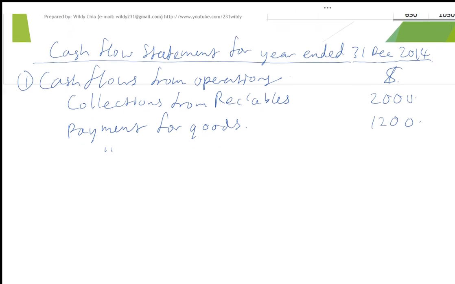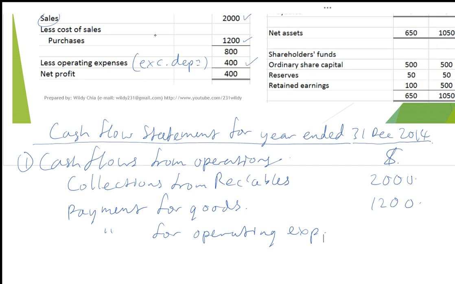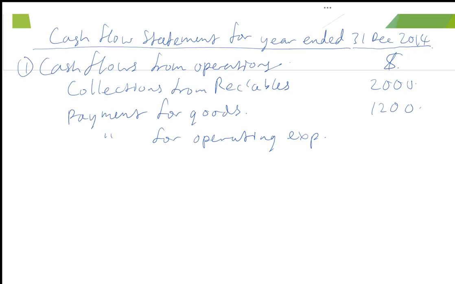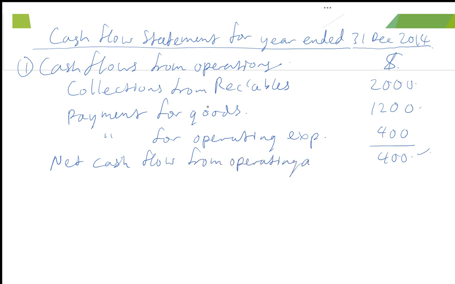Payment for operating expenses, which is basically 400. Net result gives us 400. So the 400 is the net cash flow from operating activities.